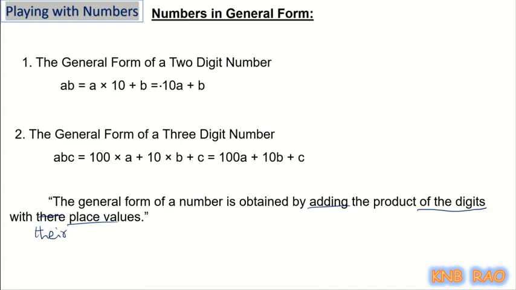Now, you know the general form of a 2-digit number is, if I take AB as a 2-digit number, then 10A plus B. The general form of a 3-digit number, if I take it as ABC, is 100A plus 10B plus C. Now, we will move on to another important topic called games with numbers.